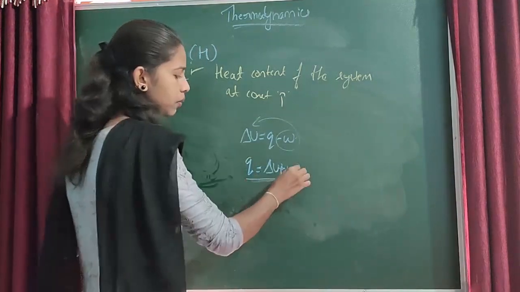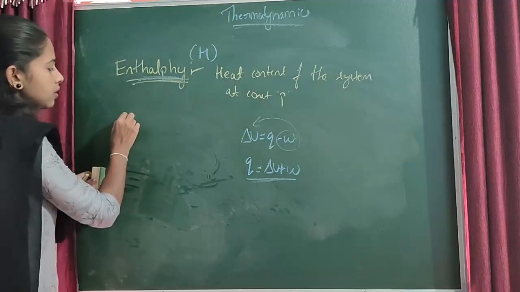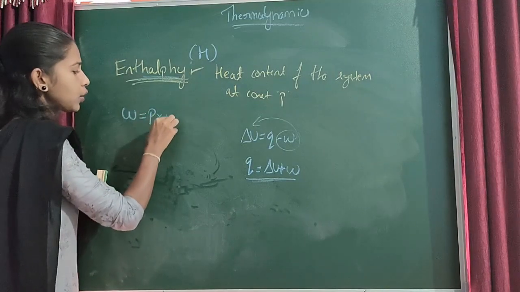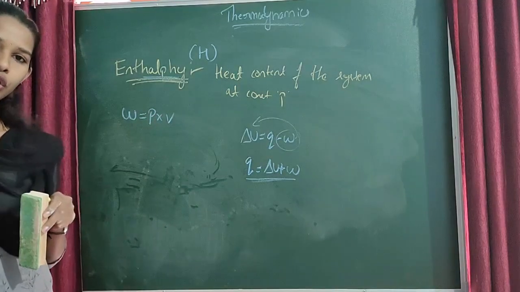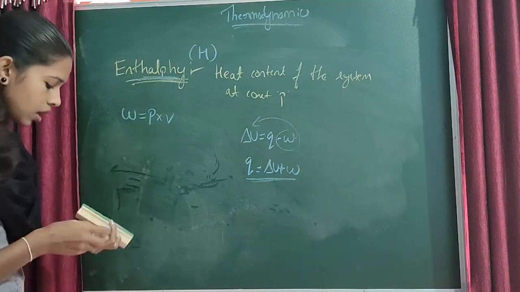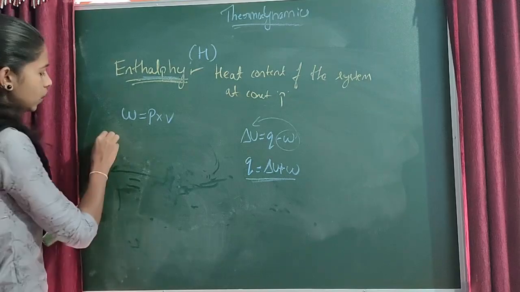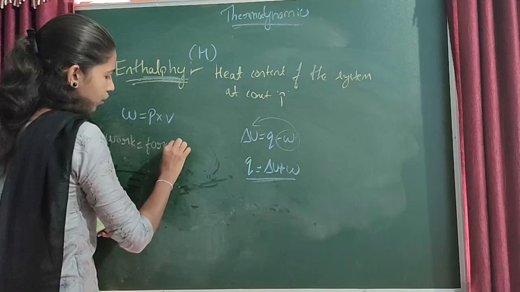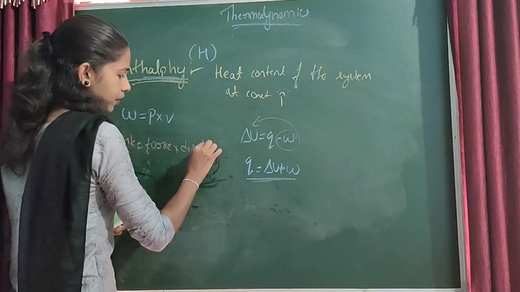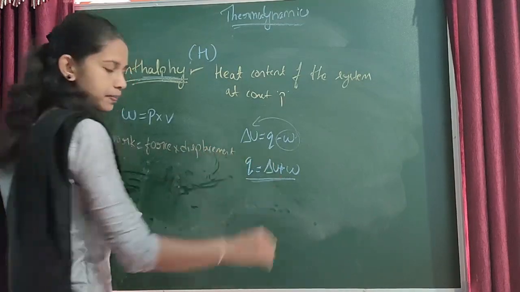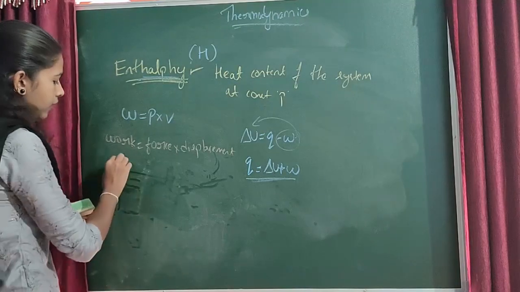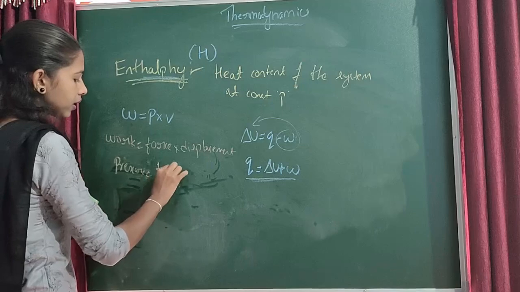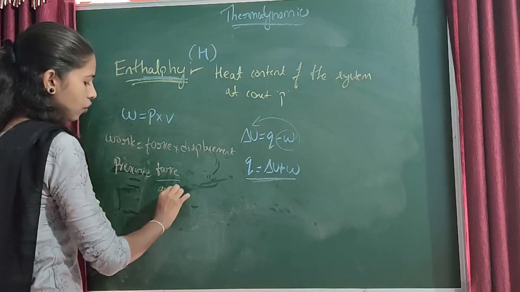Here W means work done. In thermodynamics, generally W is equal to P into V, pressure into volume. How did we get this? You know that work is equal to force into displacement. In physics, you have studied this. And pressure is equal to force divided by area, force per unit area.